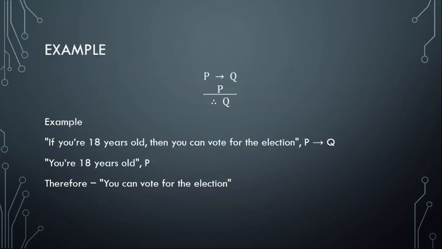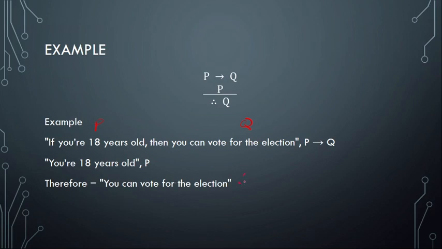Another example, you're 18 years old, so this is the P. Then, you can vote for the election. So, you can vote for election, the election is the Q. Then, the P, 18 na ka. Therefore, ang conclusion, pwede na kang votar.